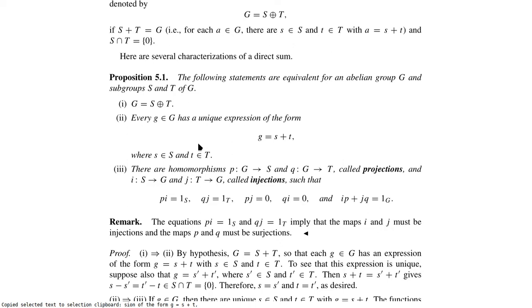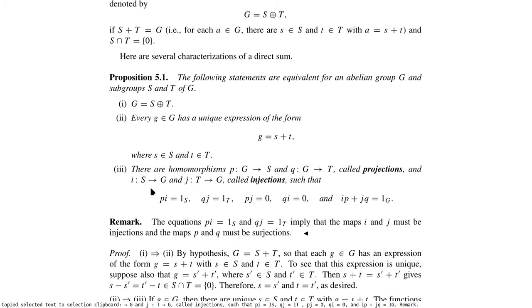They include the subgroup into the abelian group G. And as you can guess, the projections are surjective, the injections are injective, and these conditions hold. This is not that hard to see if you think about it.